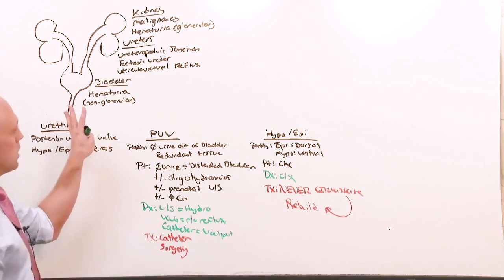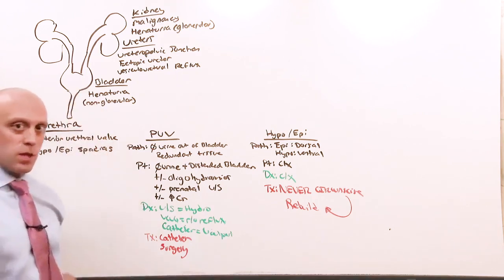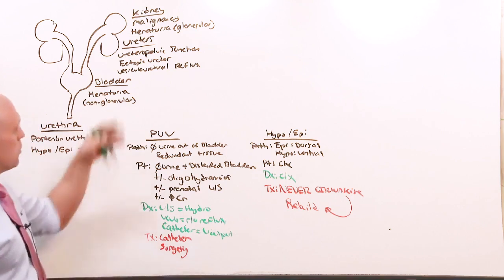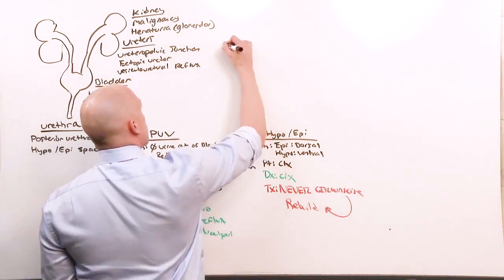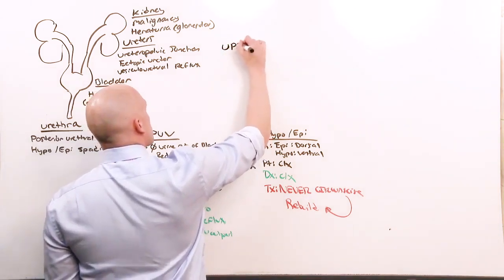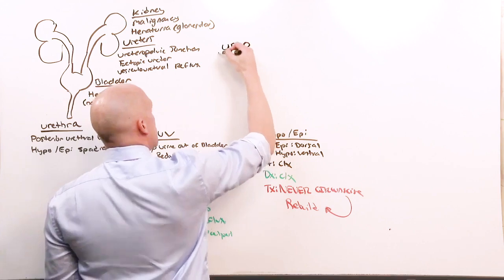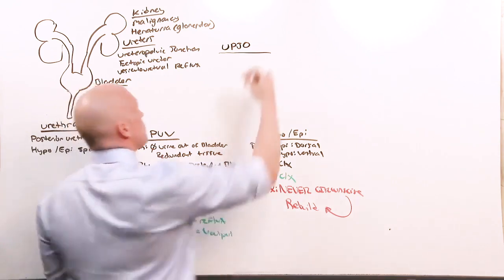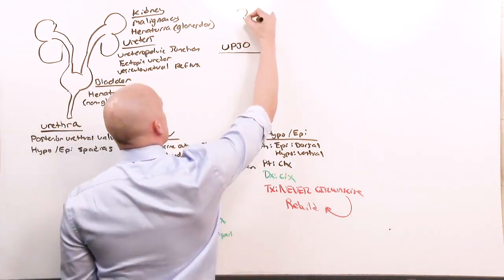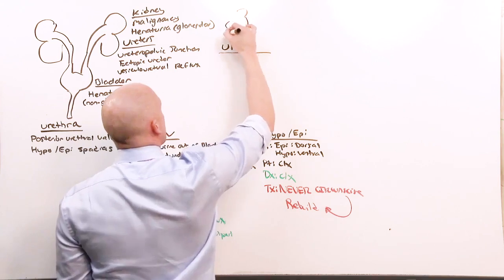The bladder we already talked about, hematuria, the same thing with the kidney, glomerular versus non-glomerular. Let's talk about the ureteral problems. The first one we want to talk about is the uretero-pelvic junction obstruction, and its cousin, the uretero-vesicular junction obstruction. This is the kidney. Here is the ureter.